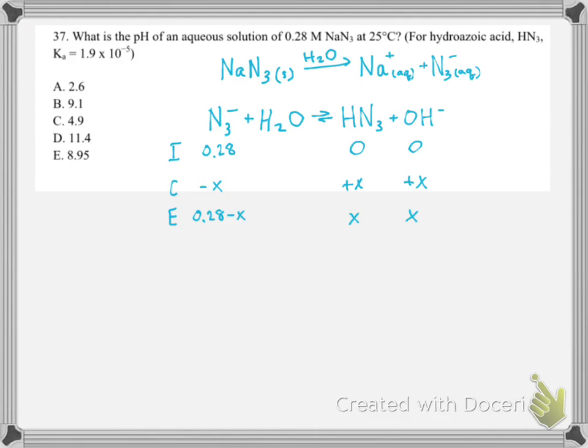Okay, so this reaction that I've written is a base hydrolysis. Okay, that N3- is going to pick up a hydrogen from the water. And so what we really need here is a Kb, because this is acting as a base. But what they've given us is Ka. So we're going to have to use the relationship where Kw is equal to Ka times Kb to find our Kb.